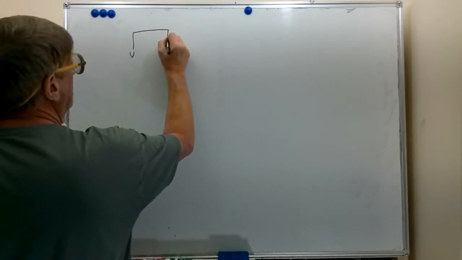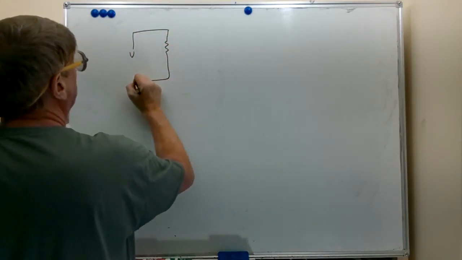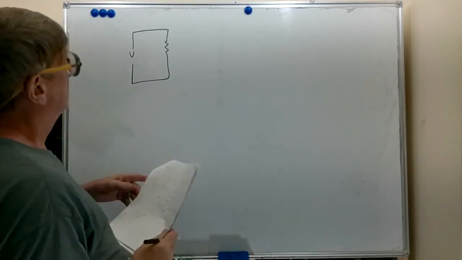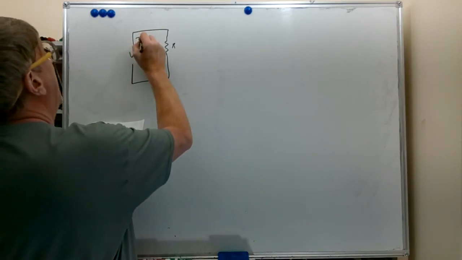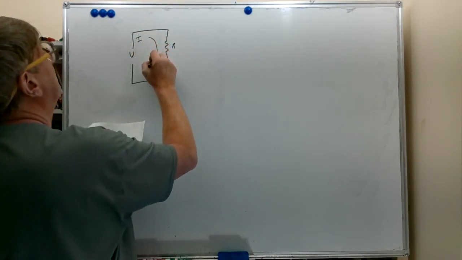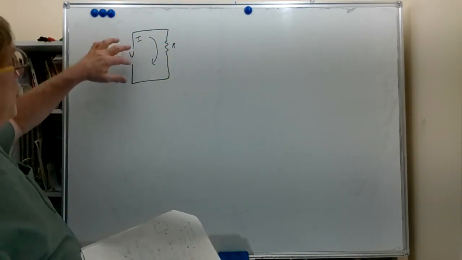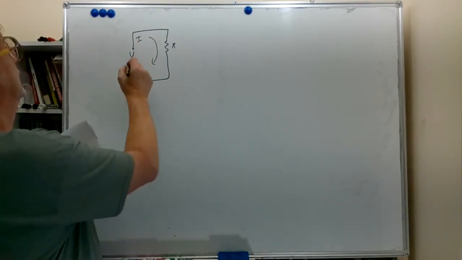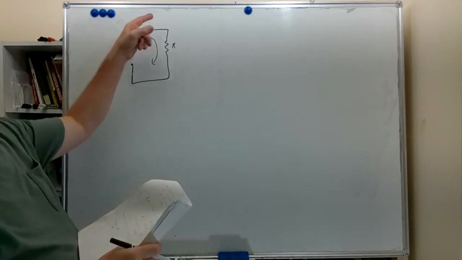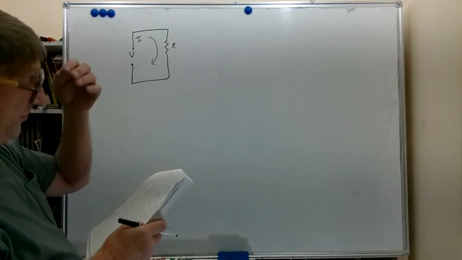This is a symbol for a resistor. I'm just going to put an R here. And I'm going to put I. We would have some current flow. If we had a voltage source connected to a resistor, we would have some electrical current flow through that resistor.